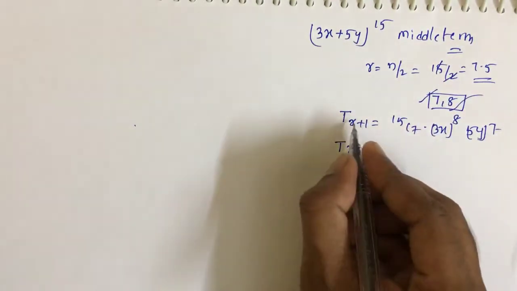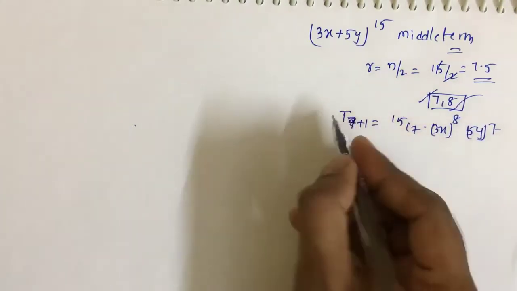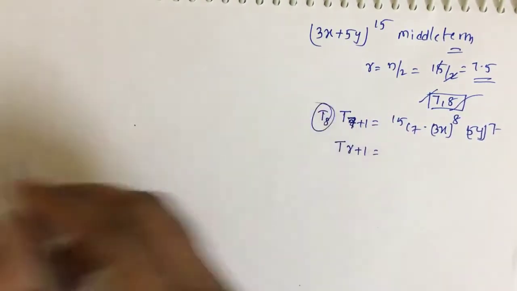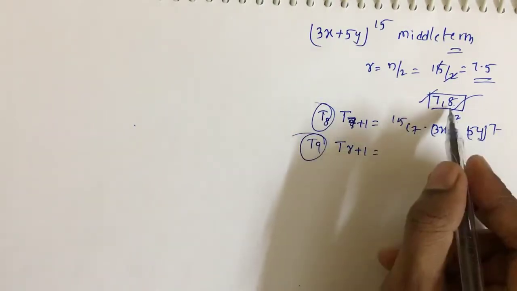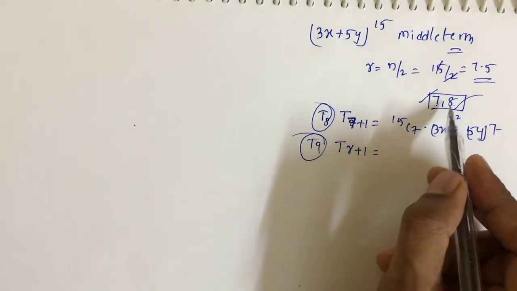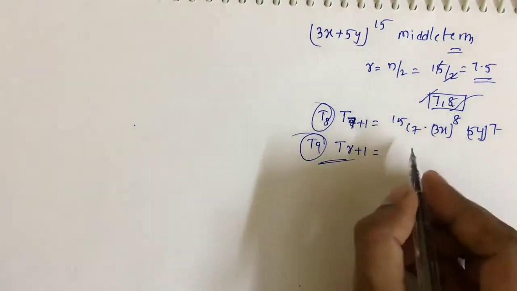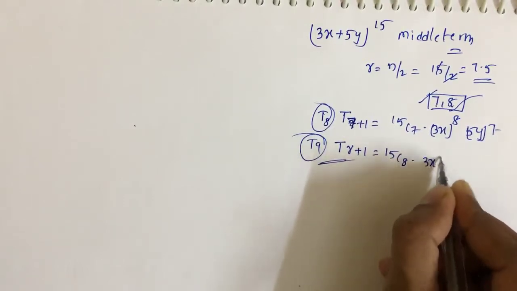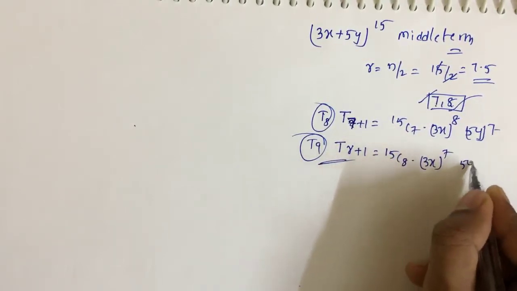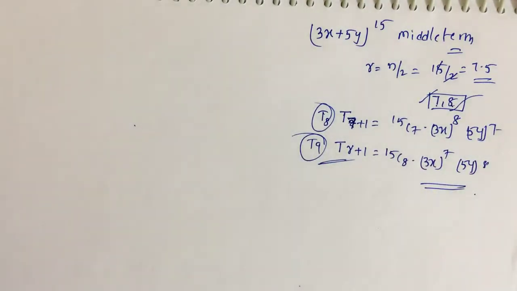Imagine this is the possibility 7 plus 1, this equals T8. So this is T8 and this is T9, because in one case the r value is 7, in another case the r value equals 8. So this will be T9. So 15C8 (3x)^7 (5y)^8.